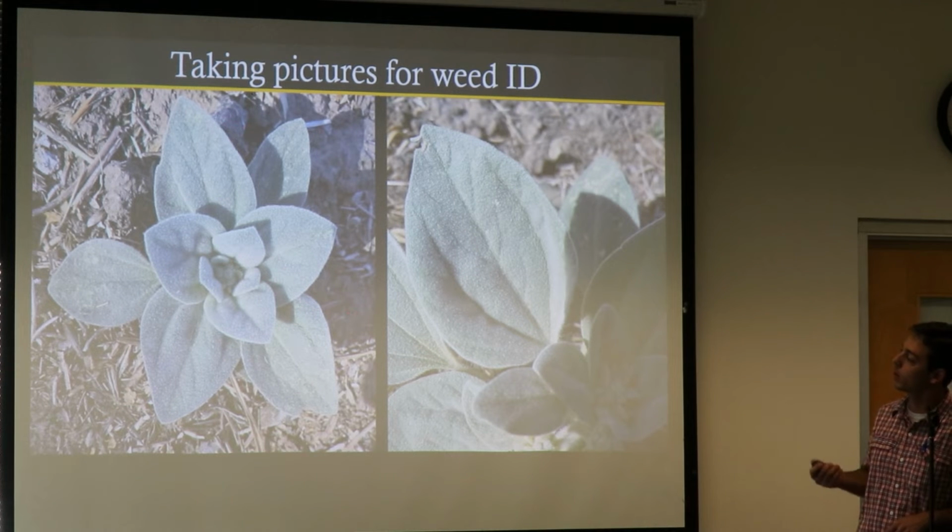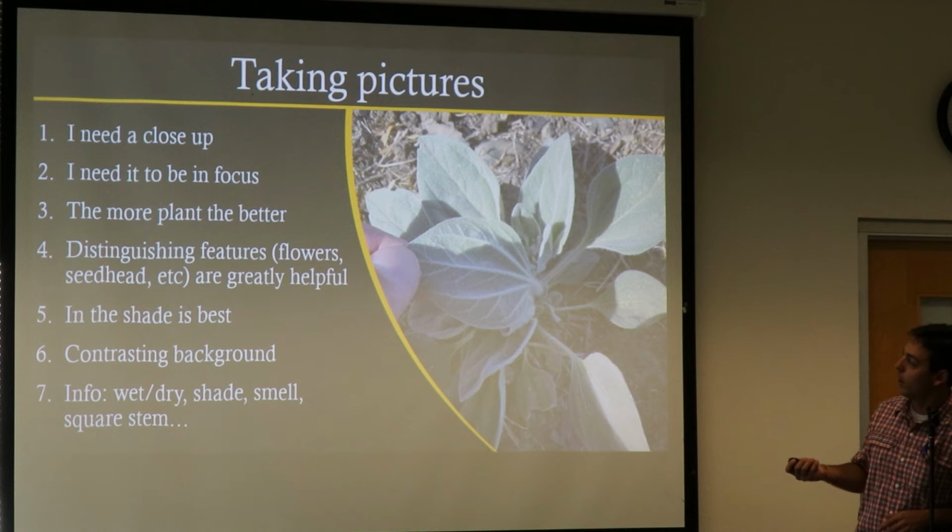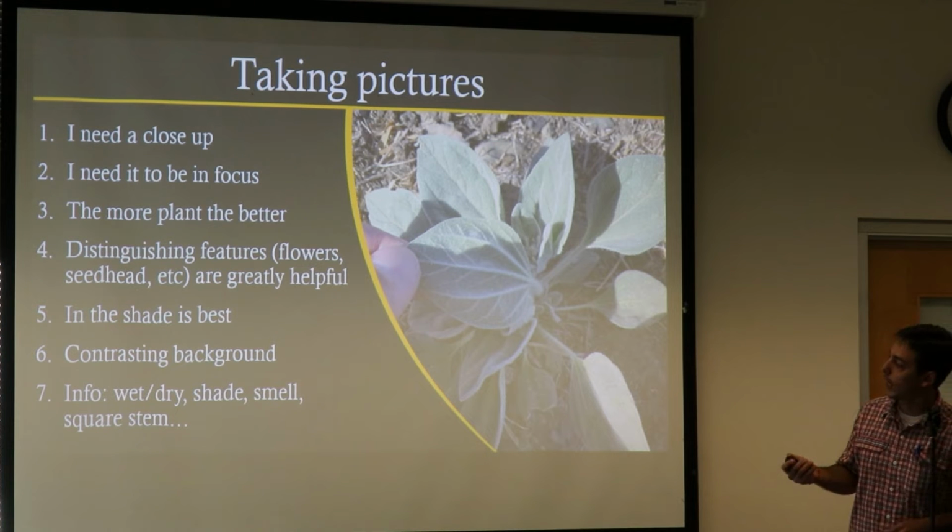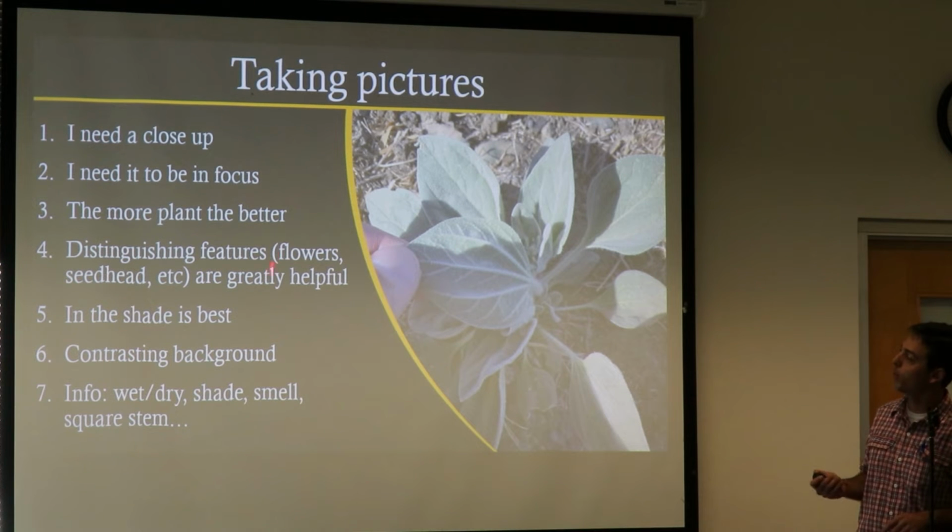Not just a close up of the entire plant, but why not a nice close up of the leaf itself? It needs to be a close up, folks. It's always better if you can take more than one picture of different parts of the plant.